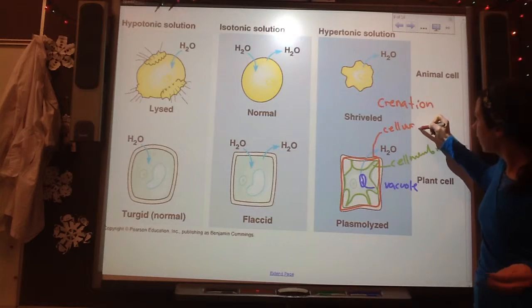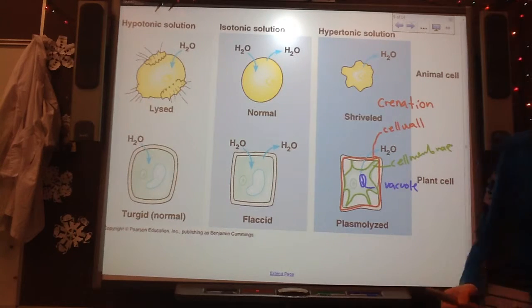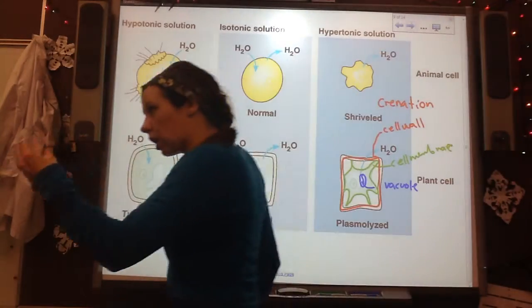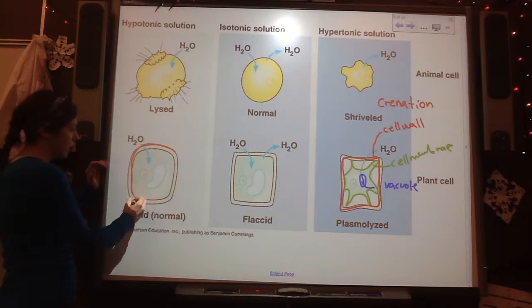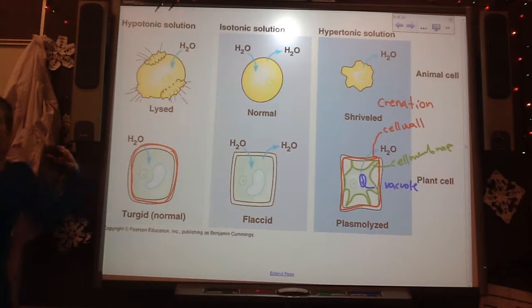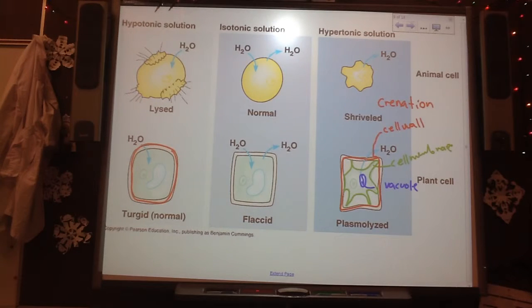So see how the cell wall, even though the plant cell has lost so much water, is still much more intact than the animal cell. That wall provides strength so it stays somewhat intact. But it has reduced, and if we compare it to this one, it still has kind of caved in a little bit. And that's when plants will wilt, okay?